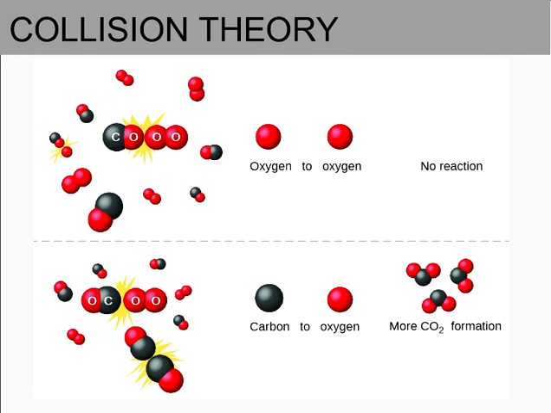Our example here involves the reaction of carbon monoxide and oxygen to produce carbon dioxide. Everything here is a gas, but I'm going to leave out the states just because I don't have enough room there. Now this is not a balanced equation just yet.